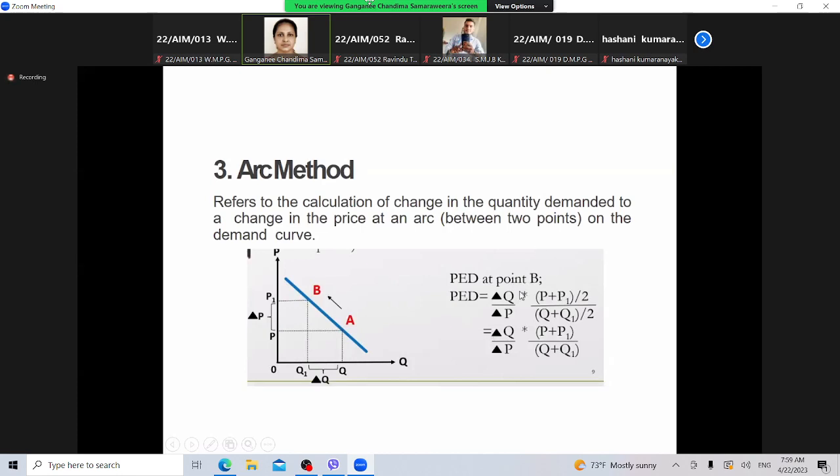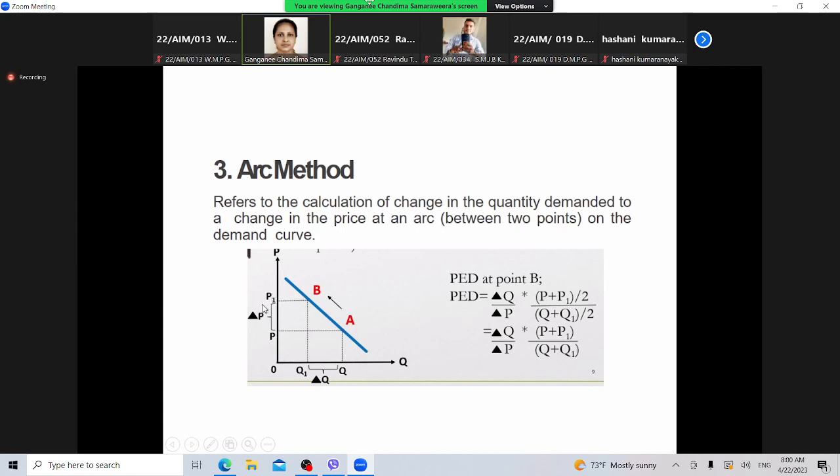So you have to write delta Q divided by delta P, and for price change, we are not taking the previous price as it is. We have to take P here and P1 here.